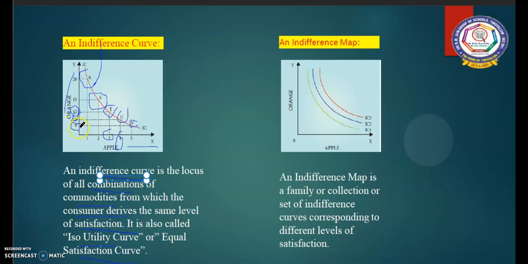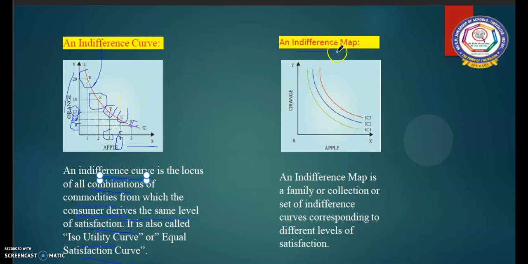So these are all the various combinations the consumer has decided to buy. This is the curve we got. If we join all these points, we get a curve that is called indifference curve. So consumer derives the same level of satisfaction either he buys apple or orange.